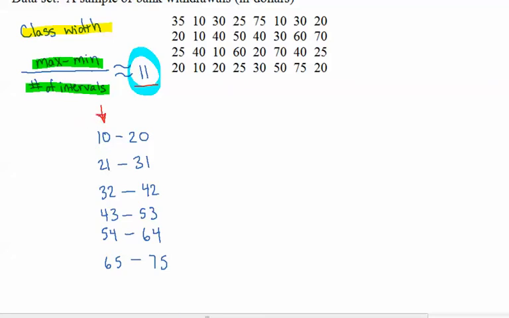All right, so those are the class intervals, and you should really label them by what they're recording here. So these are dollars.